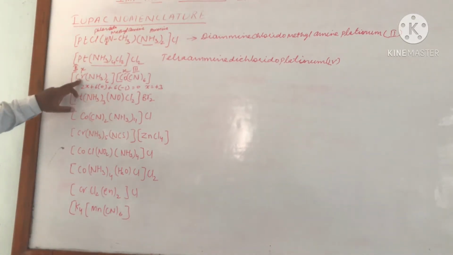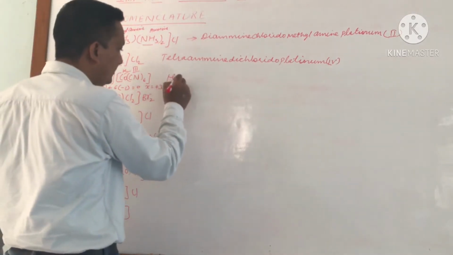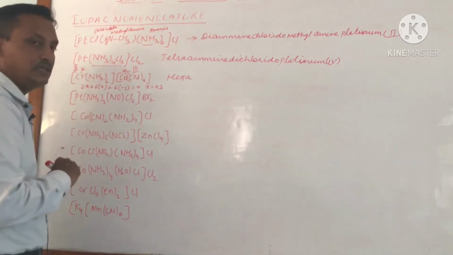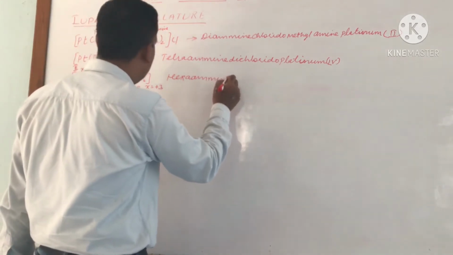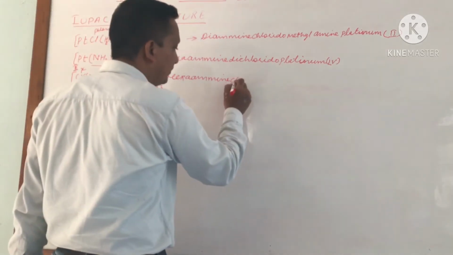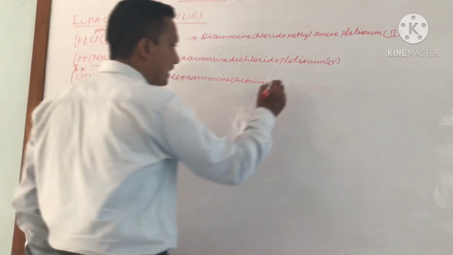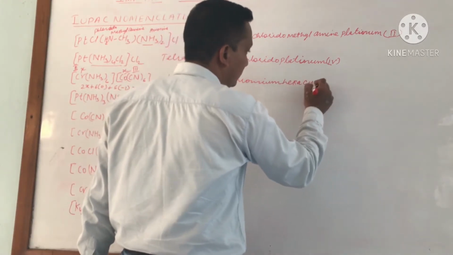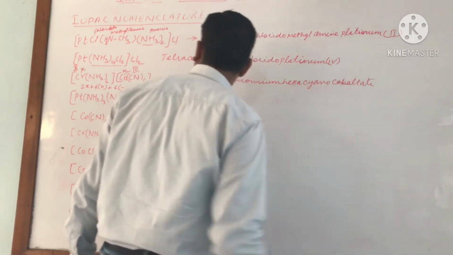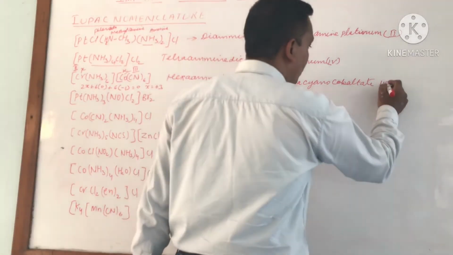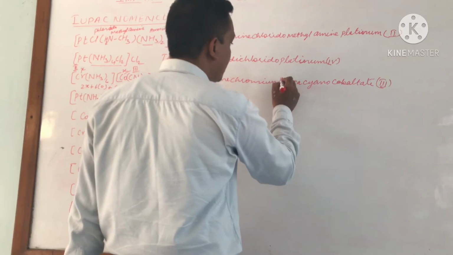So in this case how can we write? First of all we write the cationic complex. So it would be hexa, because 6 ammonia molecules are there. So hexaamine chromium, and then hexacyanocobaltate, and it would be in the plus 3 oxidation state, and chromium is also in plus 3 oxidation state.